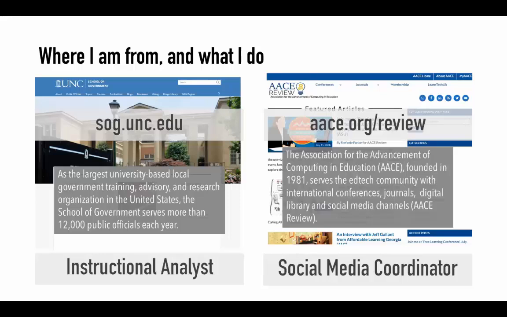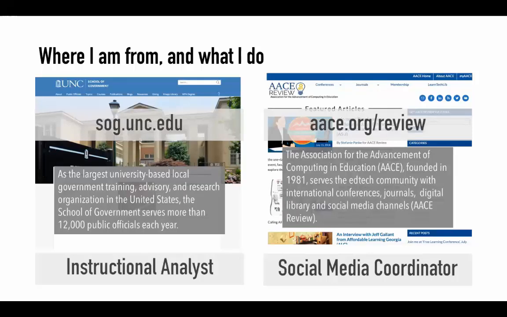Another hat I wear is the social media coordination for the Association for the Advancement of Computing in Education. It's a fairly old organization founded in 1981, and it serves the EdTech community through several international conferences, eLearn, EdMedia, and Cite.